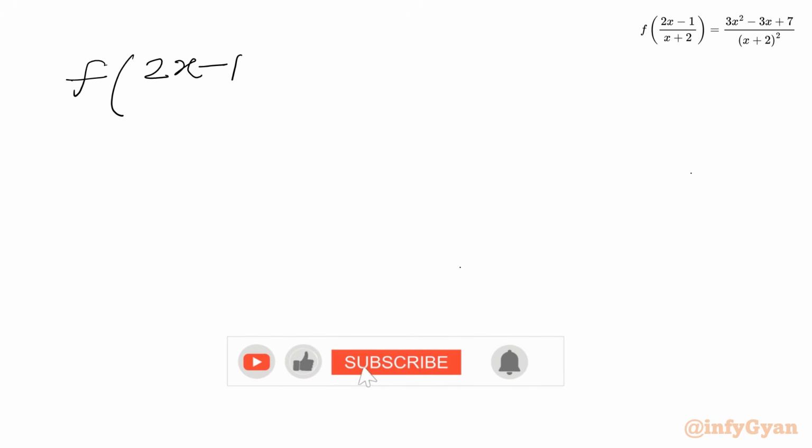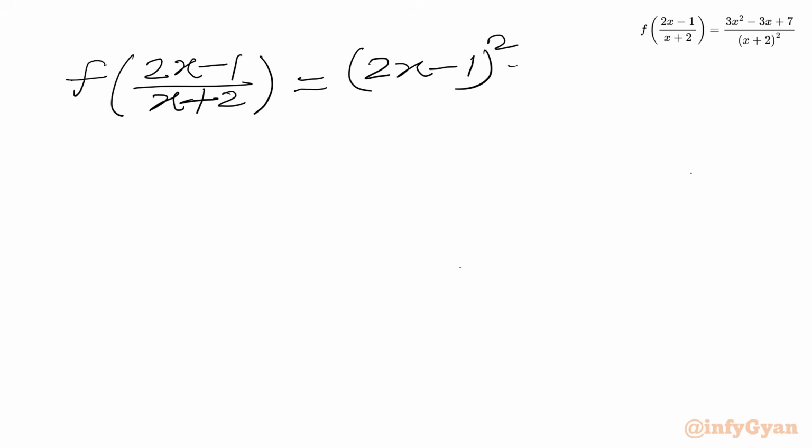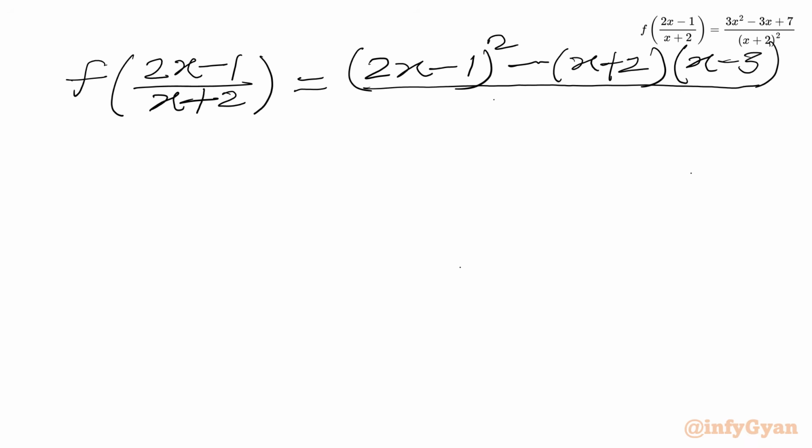So we can write f of (2x - 1)/(x + 2) will be equal to (2x - 1)² minus (x + 2) times (x - 3) over (x + 2)².